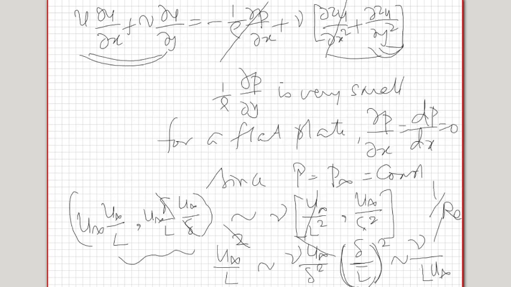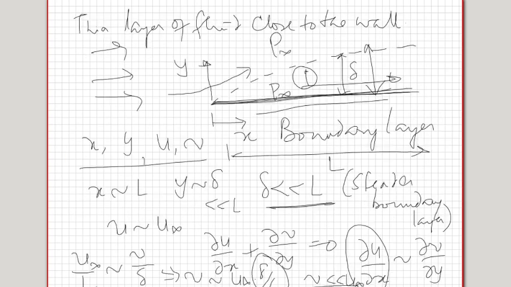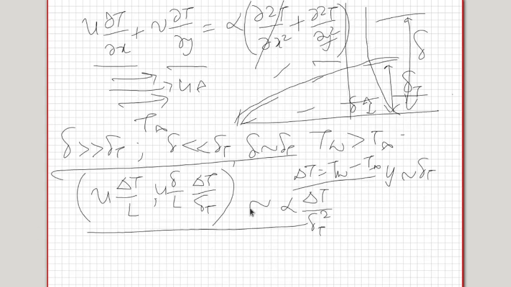Where did we find that? Yes, so here we found that V is going to be of the order of U into delta by L. So that is what we wrote here, and U is of the order of U infinity we wrote here, but that can change in the new case, so we'll just keep it as U into delta by L. So this is your form of the energy equation's order of magnitude.